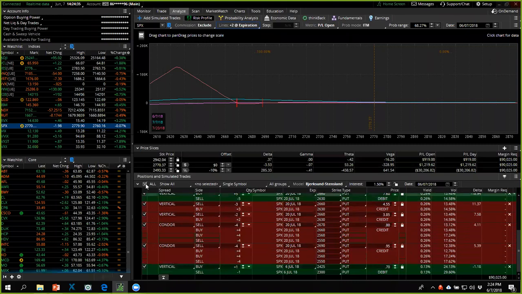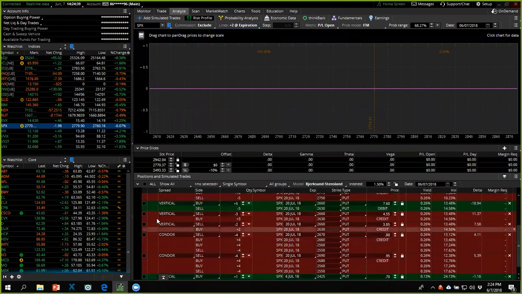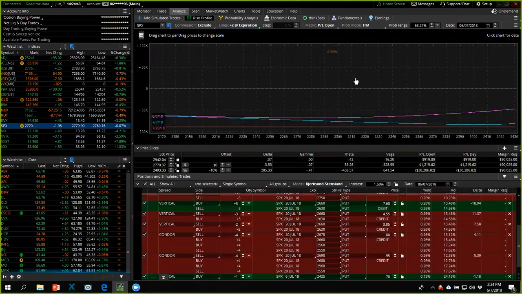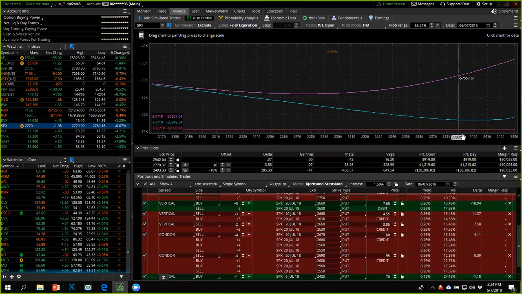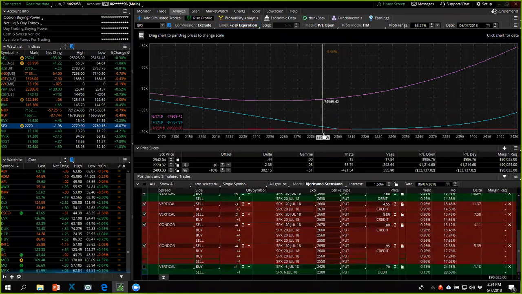faster and sooner. And if we look to the downside now, you can see that this graph starts to curve up a little bit sooner than it did before. If I uncheck this, you can see that it was further on down, like about here somewhere, 23.15.